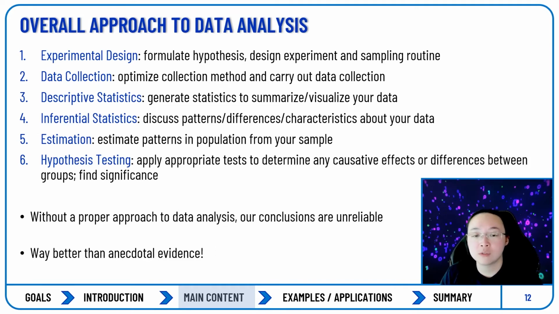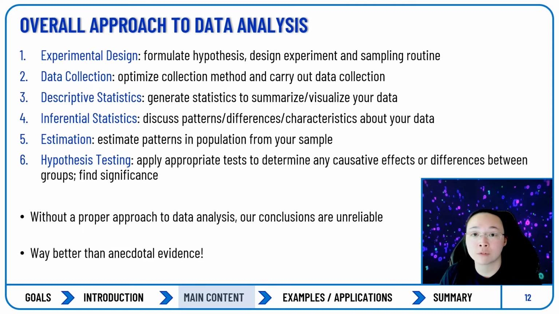There can be two types of statistics. We have descriptive statistics, which helps us generate statistics based on the visualization of data. So that would be different probability distributions, like a Gaussian distribution, or maybe a Poisson distribution, things like that. That'll depend on what your data set looks like.